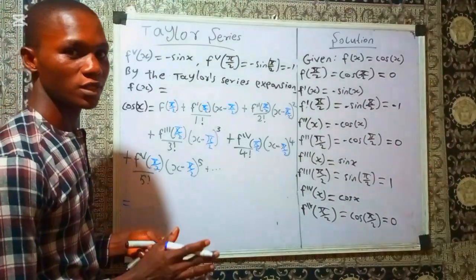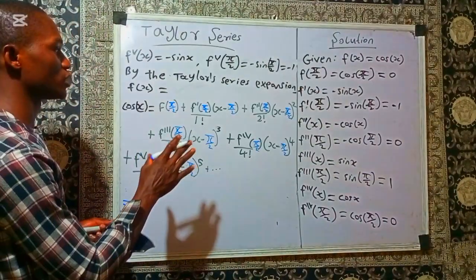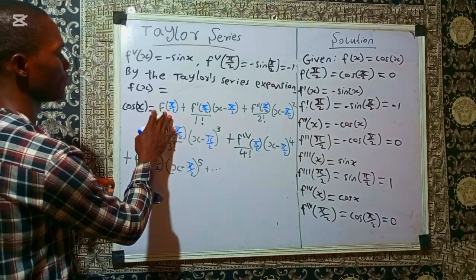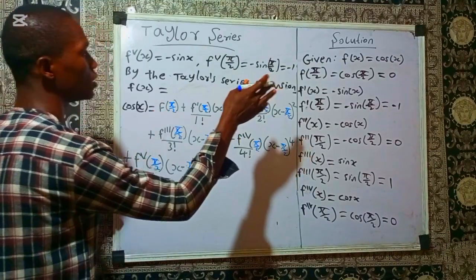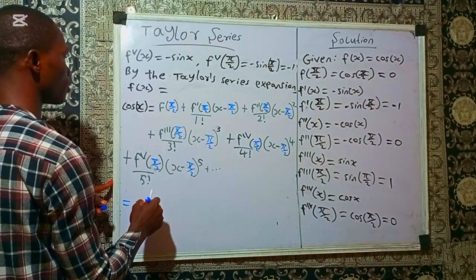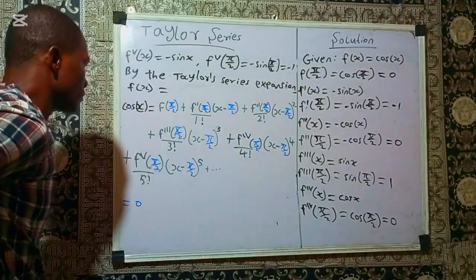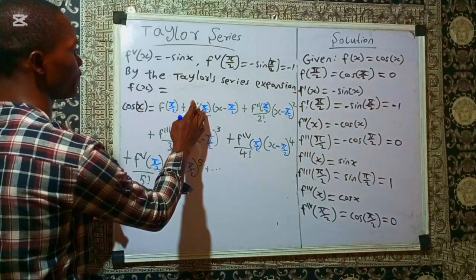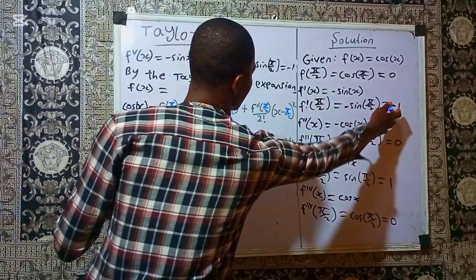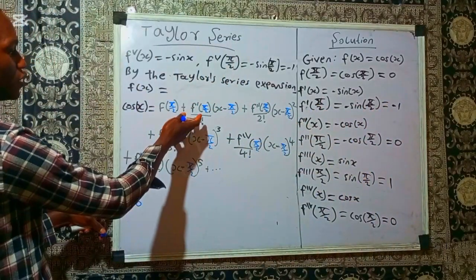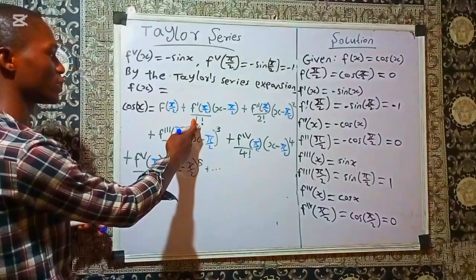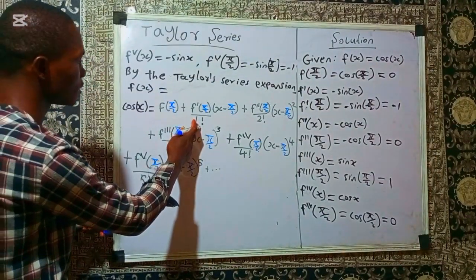So I've changed those point a to the point given to us, pi over 2. So this f at pi over 2 gave us what? From there, it gave us 0. So we have 0 plus f prime at pi over 2. Let's check. F prime at pi over 2. See it here. It gave us negative 1. If you do negative 1 divided by 1 factorial, 1 factorial is 1. Negative 1 divided by 1 is negative 1.